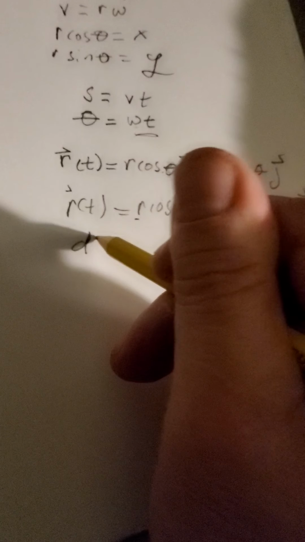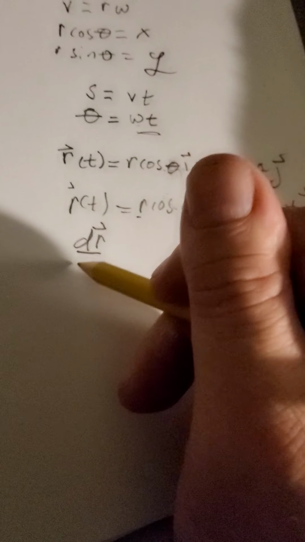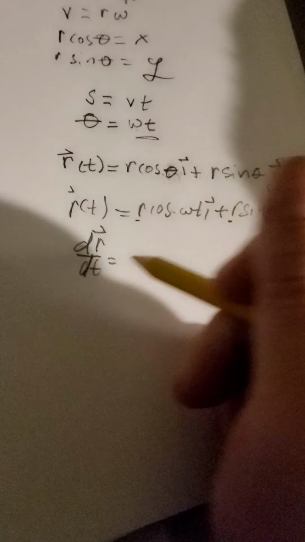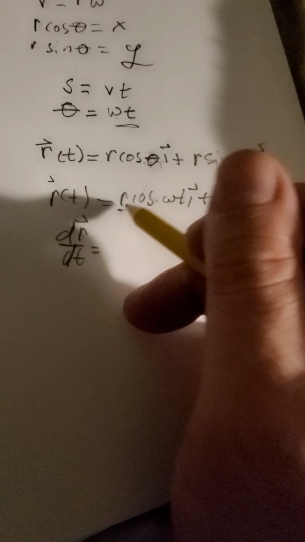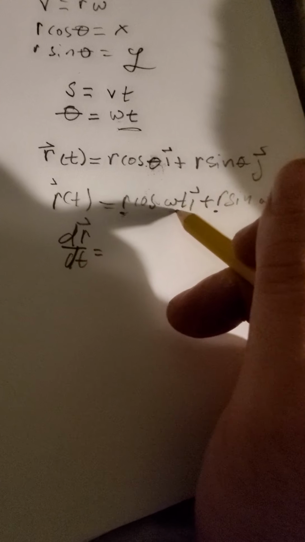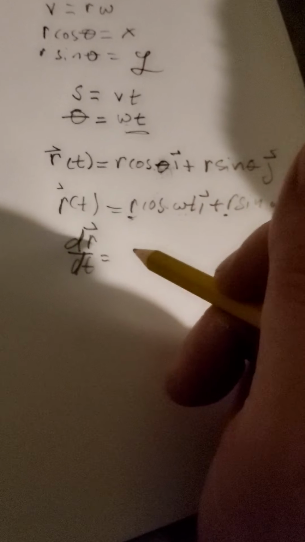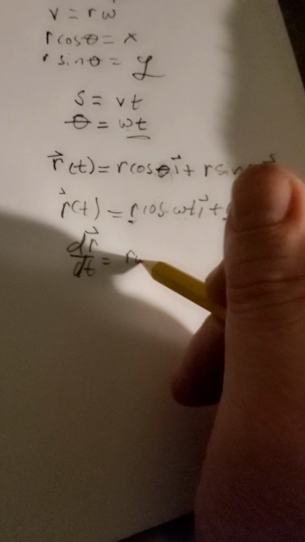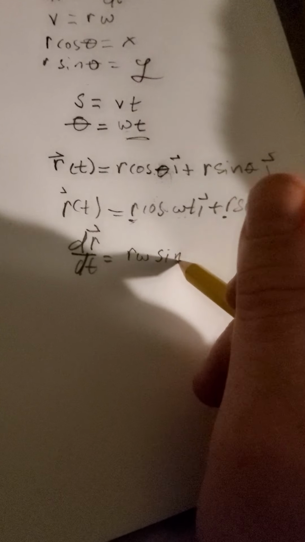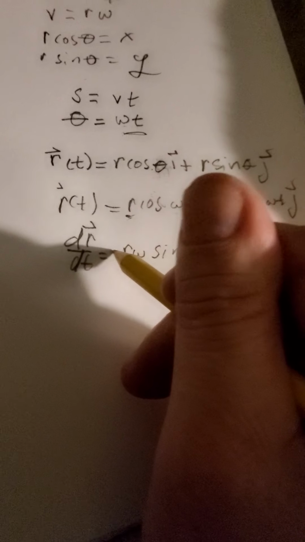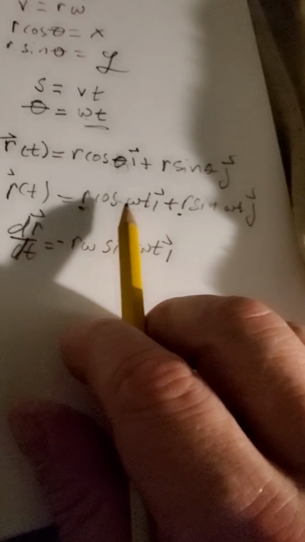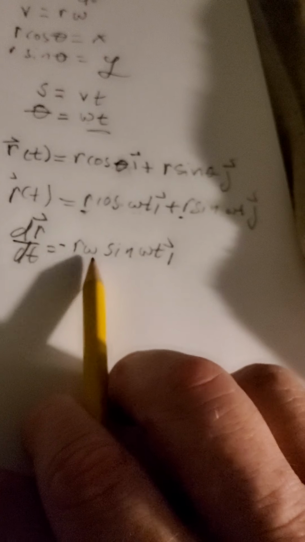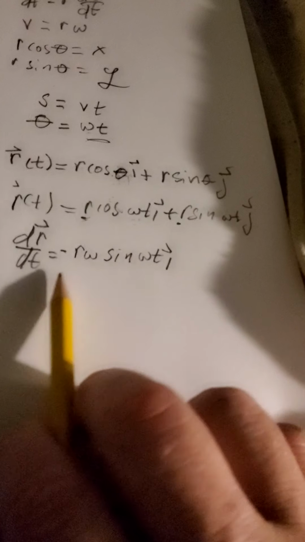Now what I'm going to do is take the first derivative. The derivative of the vector with respect to time means I'm going to have to take the derivative of both of these, with the scalars. The scalar r is a constant, but omega t is what's changing. So now I'm going to have negative r omega sine omega t, because the derivative of cosine omega t is negative sine omega t.